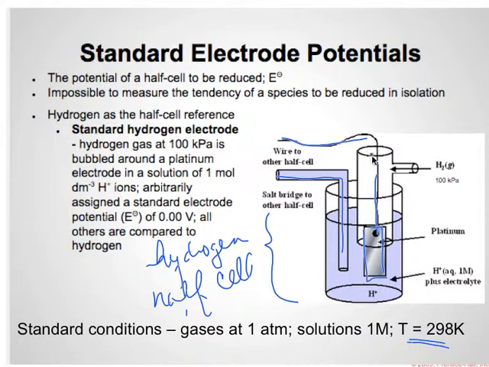This is an upside down glass container where the hydrogen gas at 1 atmosphere is let into the system. What this does is it sets up an equilibrium between the hydrogen gas and the hydronium ion. Okay, and then depending on what the potential is on the other half cell, it will drive this hydrogen cell one way or the other. So it can go and make hydrogen gas, or it can go and make more H+.